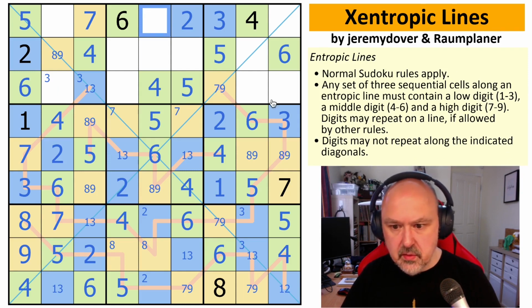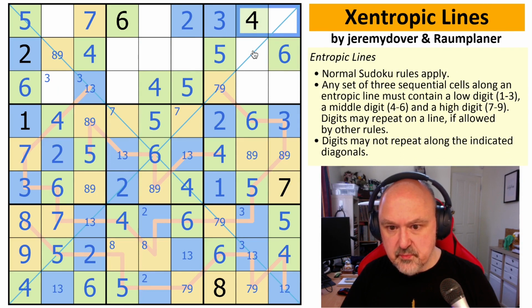So now, is that giving me what I need? 2 in this box now must go in one of those two. That's not quite enough. But I've got the 3 blue in this column and the 3 green. This is yellow.